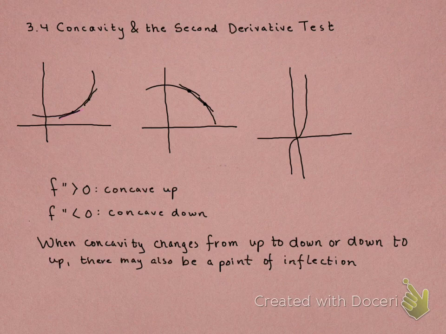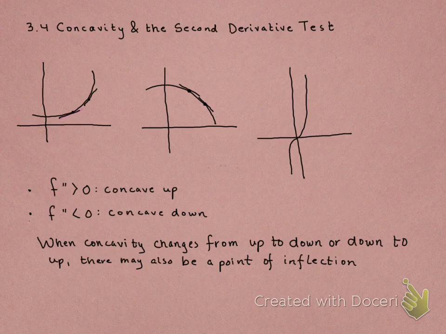So we see here, if f prime prime, the second derivative, is greater than 0, the function is concave up. If the second derivative is less than 0 or negative, the function is concave down. And what we're going to do is construct a table, much like we did in 3.3 to determine increasing and decreasing.